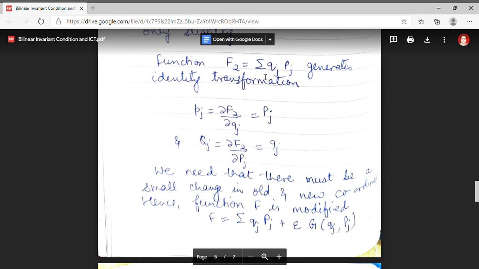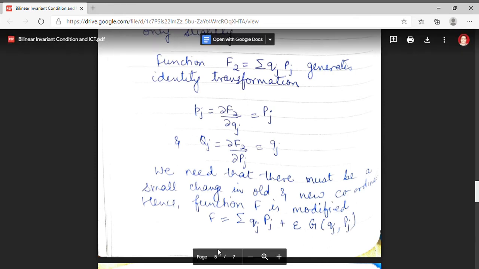But here in Feitzmel contact transformation, I need that my old and new coordinates differ slightly. In order to do this, I am modifying my generating function.